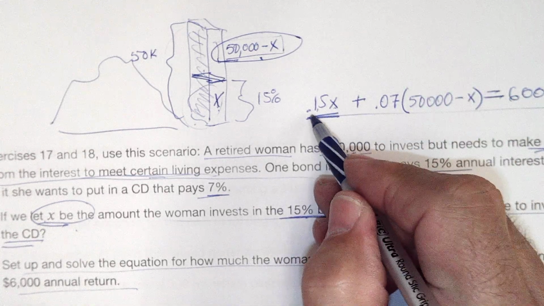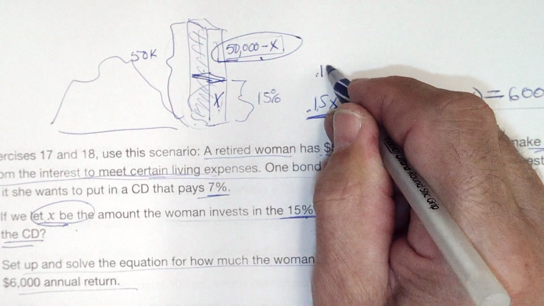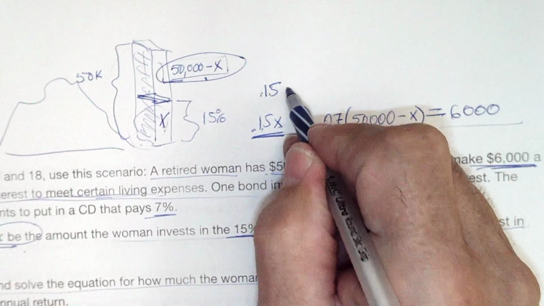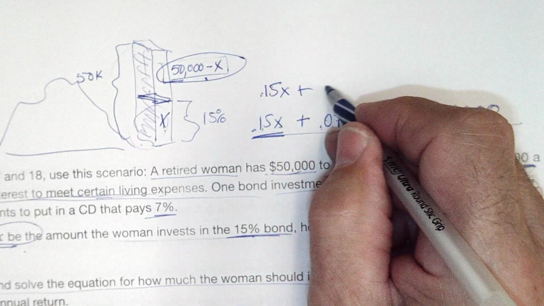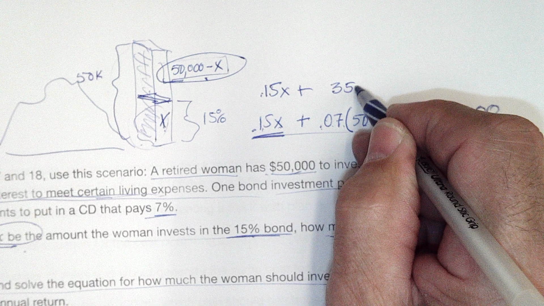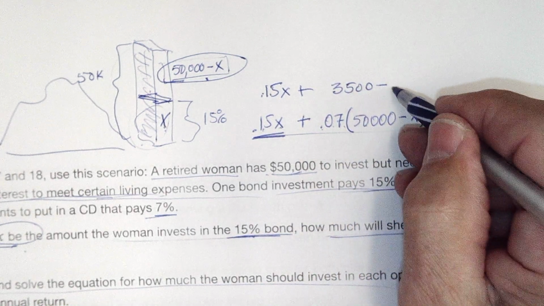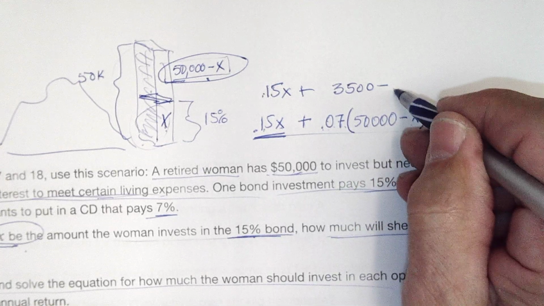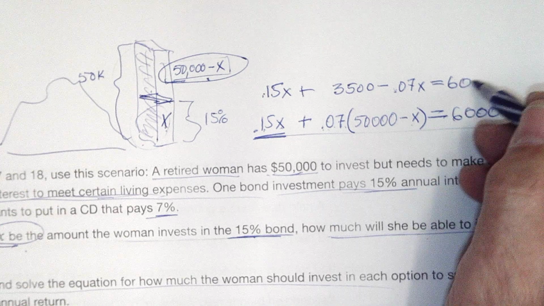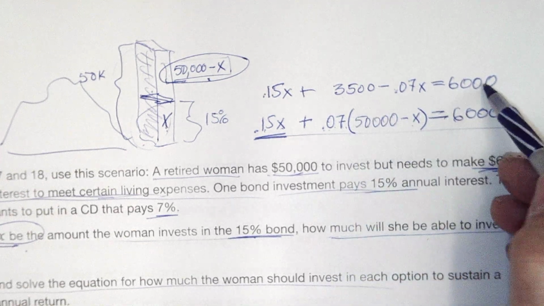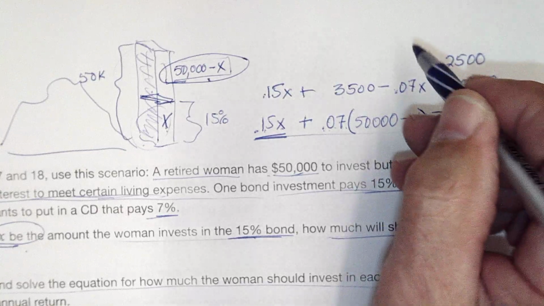And so if we distribute this, we get 0.15x plus 0.07 times 50,000 is 3,500, and minus 0.07 times x equals 6,000. If you subtract 3,500, we get 2,500.